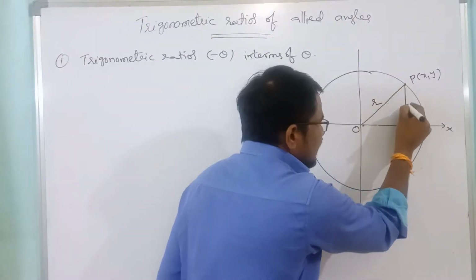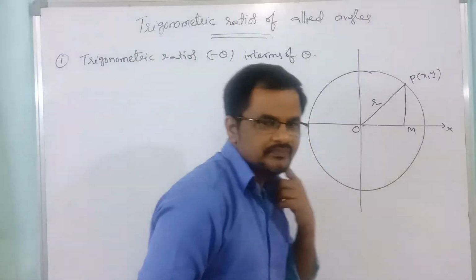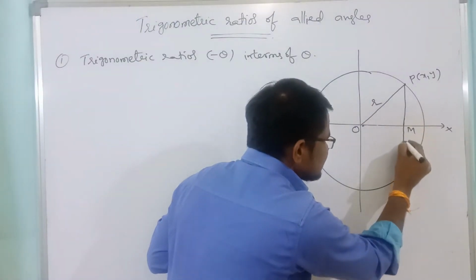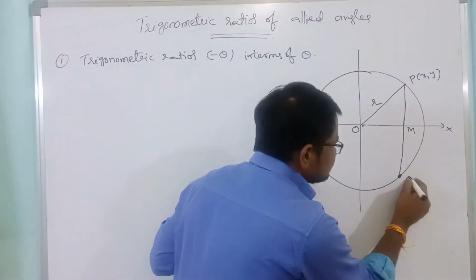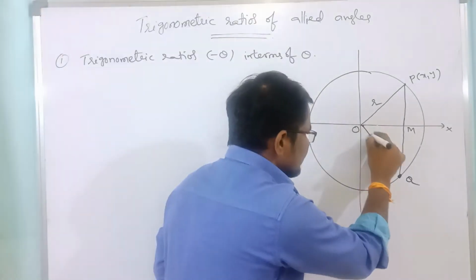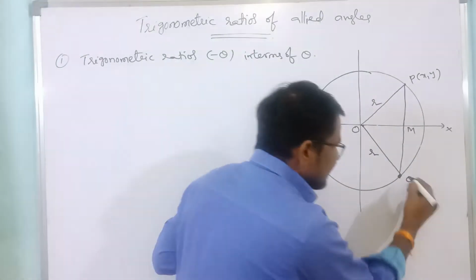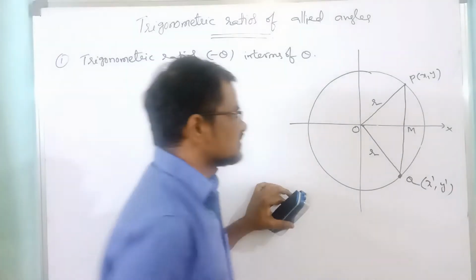Draw PM perpendicular to the x axis and produce this PM to meet the circle at Q, and join these two. This is also a radius, right? Take this point Q as (x', y').